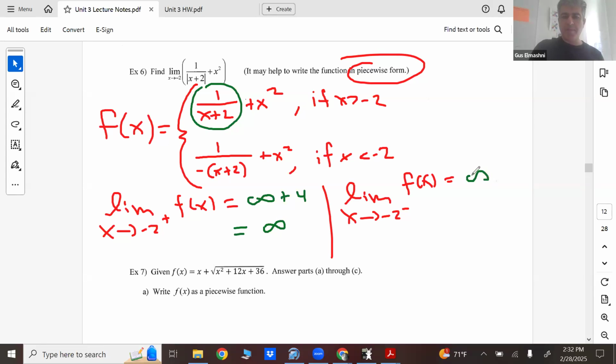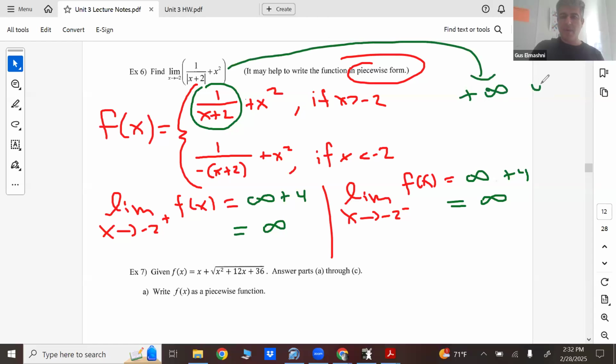Plugging in a value close to -2 from the left side, like -2.01, the limit is going to be positive infinity, or you could say it does not exist.